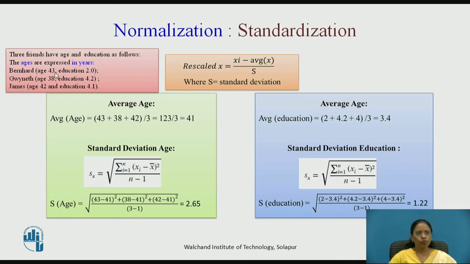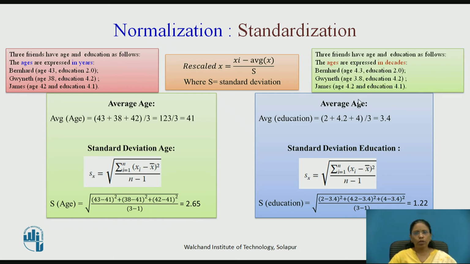So xi first is 43 minus x bar, which is the mean 41, squared, plus 38 minus the mean 41, squared, plus 42 minus 41 squared, divided by n minus 1. The total number of values is 1, 2, 3, so 3 minus 1. So I get the value 2.65.